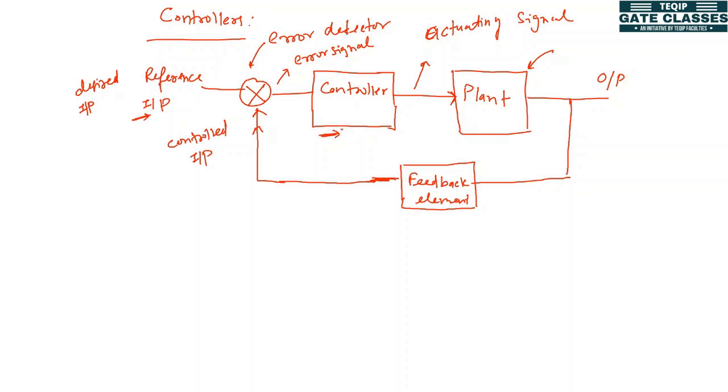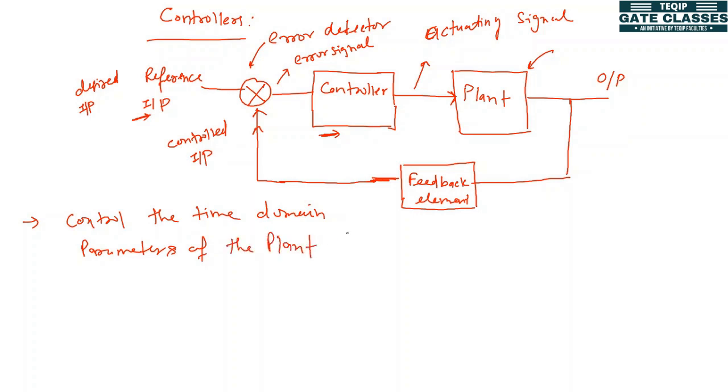Now what is the purpose of this controller here? Basically controllers are connected in the forward path of the control system to control the time domain parameters of the plant. What are the time domain parameters?